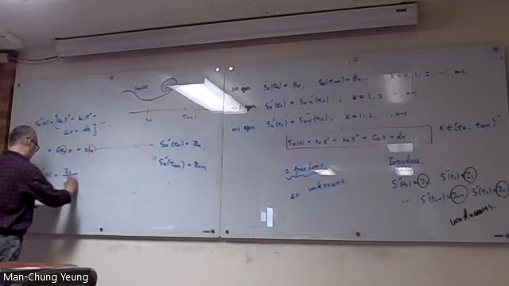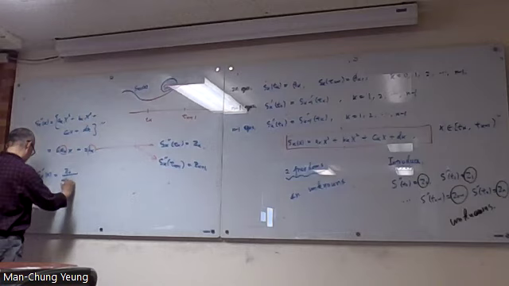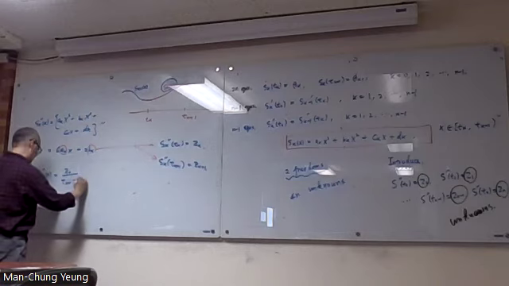This is hk. What is hk? hk is tk plus 1 minus tk.